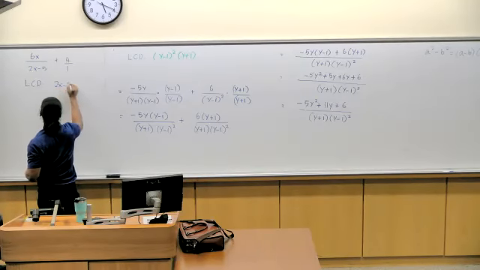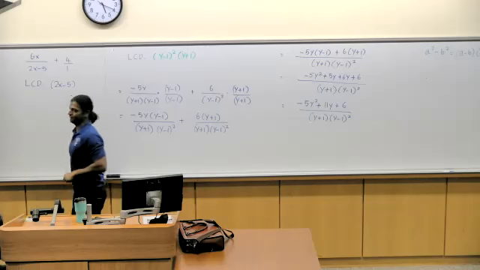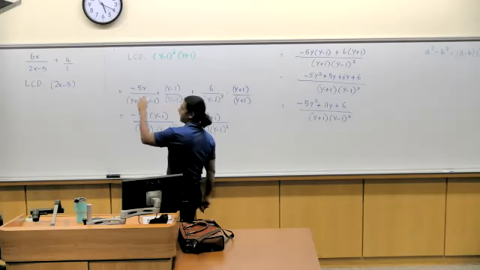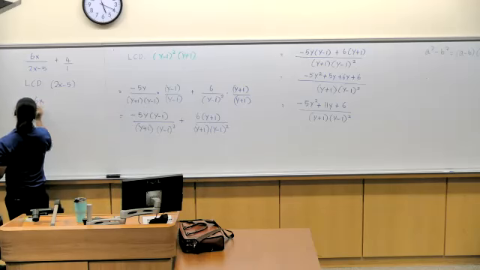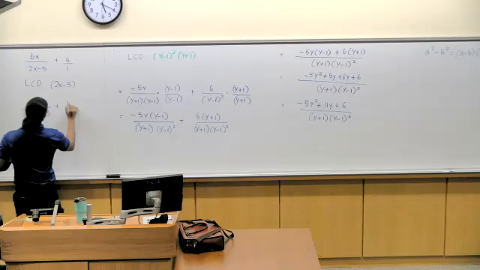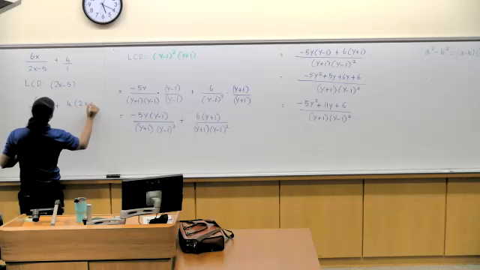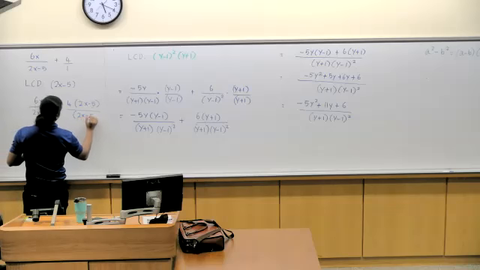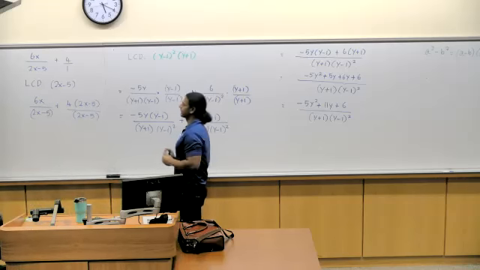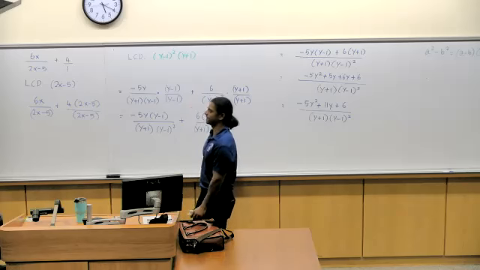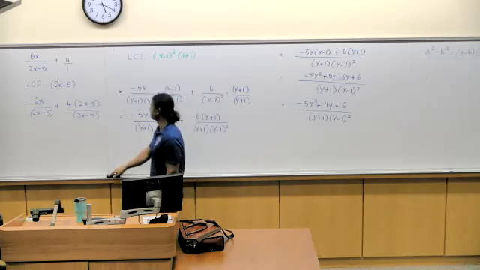So I need 2x minus 5. How do I get 2x minus 5? I multiply and divide by 2x minus 5. So 4 times 2x minus 5 divided by 2x minus 5.